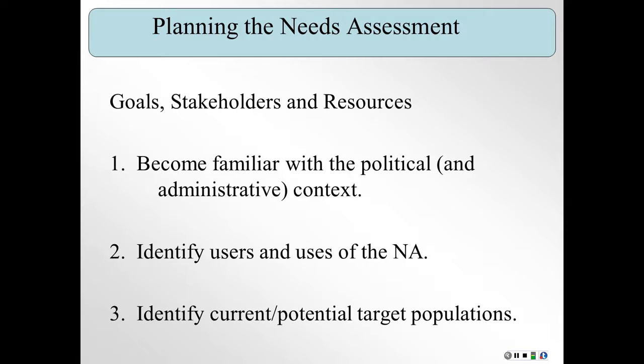These first 3 steps I would lump together and call planning the needs assessment. So we have to plan. A number of questions come up here. As I've already mentioned, first off, what are the goals of the assessment? This is very similar to becoming familiar with the political context.